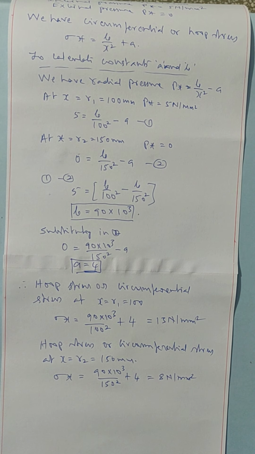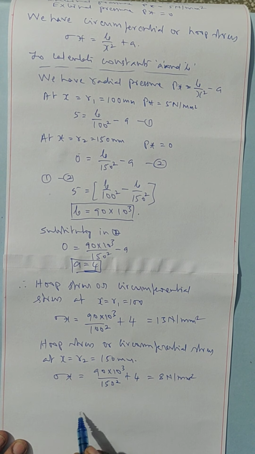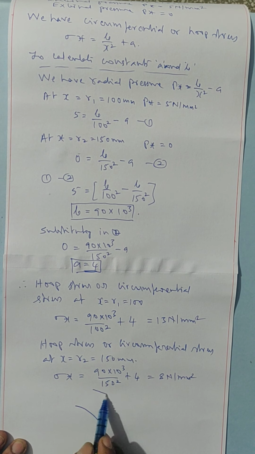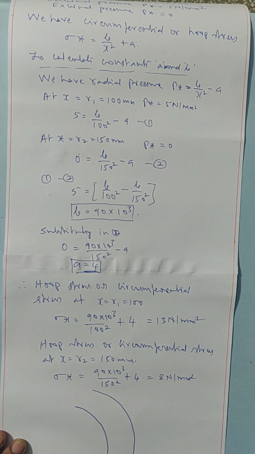We calculated the stresses. Now we know the radial pressure, internal stresses, outside stresses. We have to plot this now. See, for example, this is the enlarged figure of your cylinder. This is the reference axis.